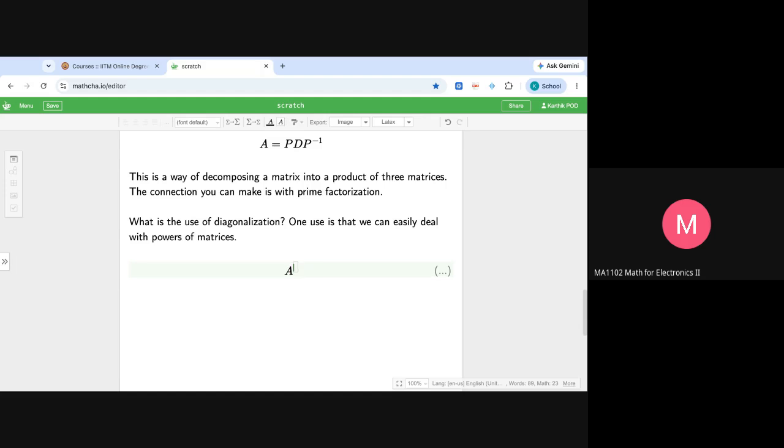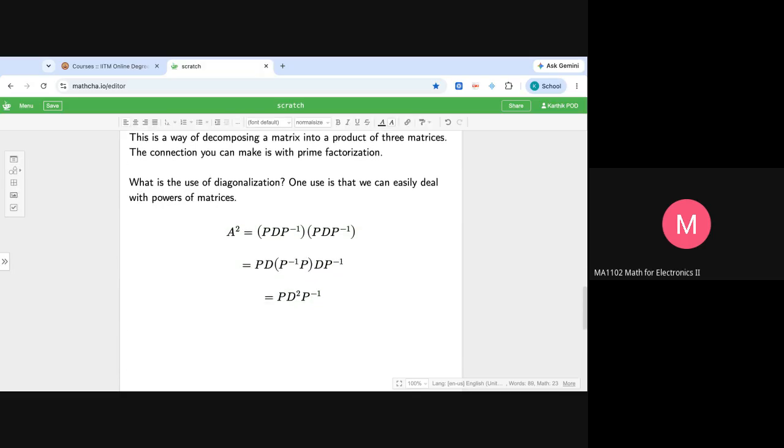For example, if you want a square, it is just P D P inverse multiplied by P D P inverse. Though this looks complex, if you expand it out and group it conveniently, the P inverse P is just I, the identity. So it becomes P D square P inverse.